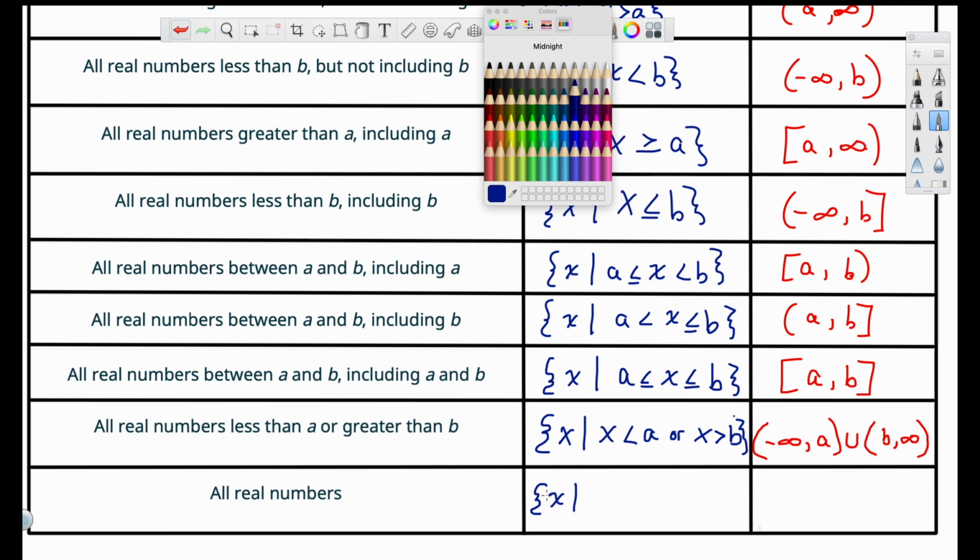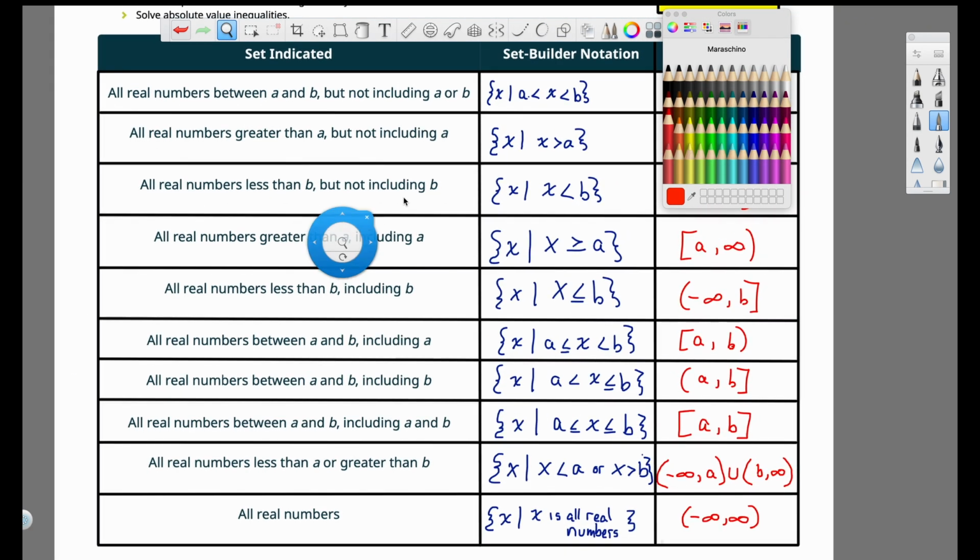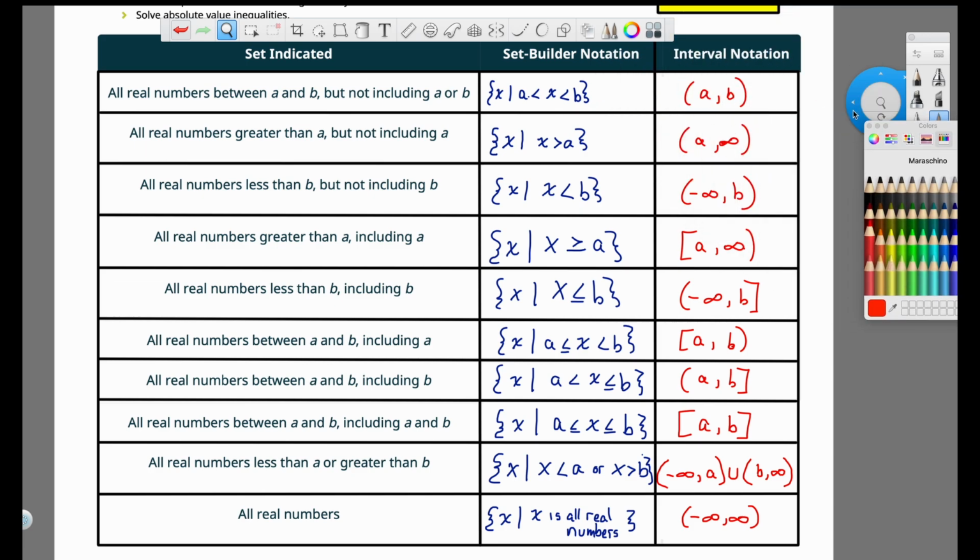So for set builder notation, we can just say x is all real numbers. Just kind of write it out. For interval, it's a lot easier. We just say negative infinity to infinity. Okay. So there are some good examples of the two types of notation that we use to express what our values of x can be.